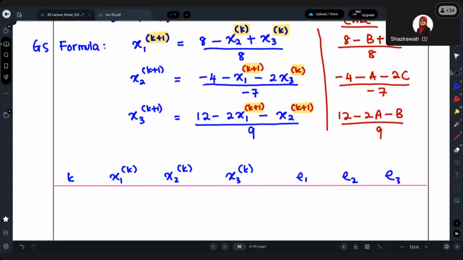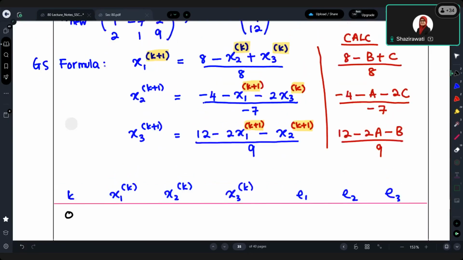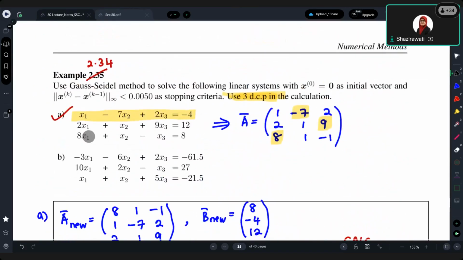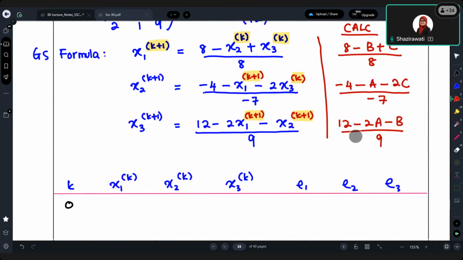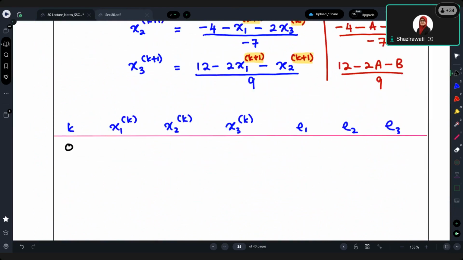At K equal to 0, so ini initial value dia daripada soalan 0, 0, 0. Ini initial dia. Maksudnya X1 0 is 0, X2 0 is 0, X3 0 is 0. So 0, 0, 0. So we don't have the error yet. Okay, now. When K equals 1.